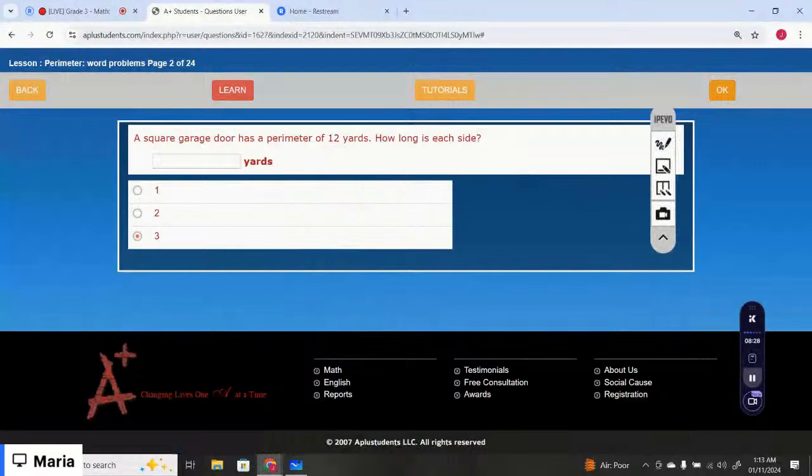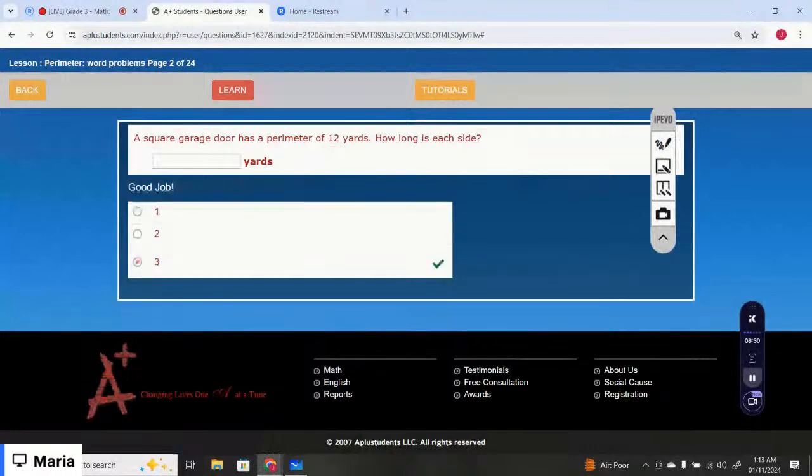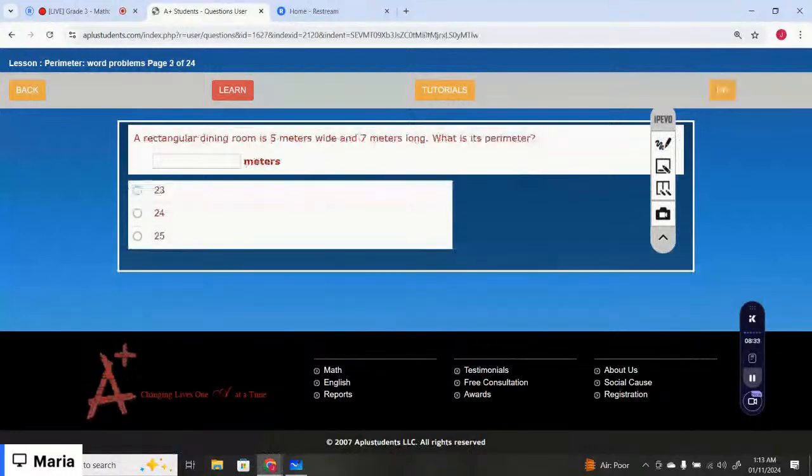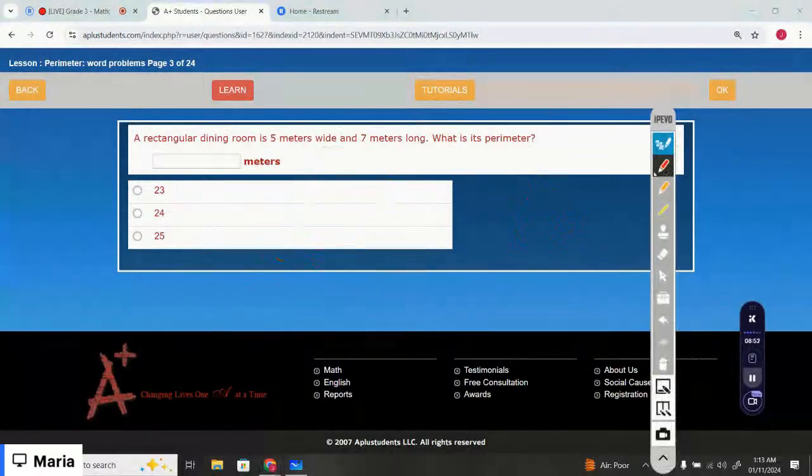Okay, for the next one, you have to answer, right? A rectangular dining room is 5 meters wide and 7 meters long. What is its perimeter? You are given the width and the length of the room. You have to calculate the perimeter.